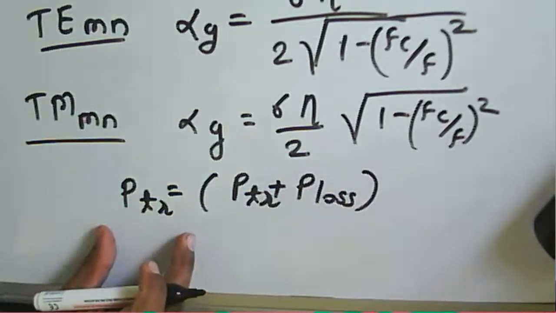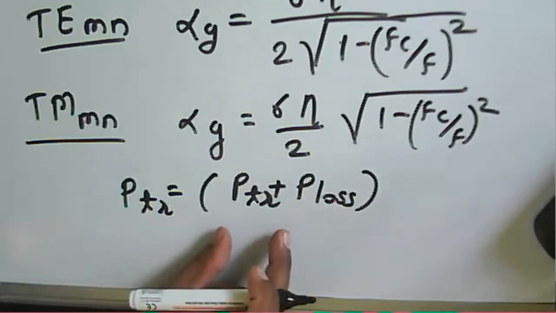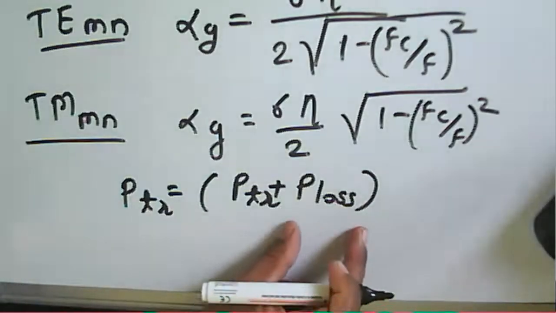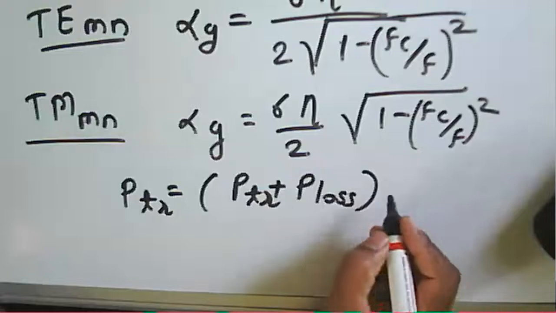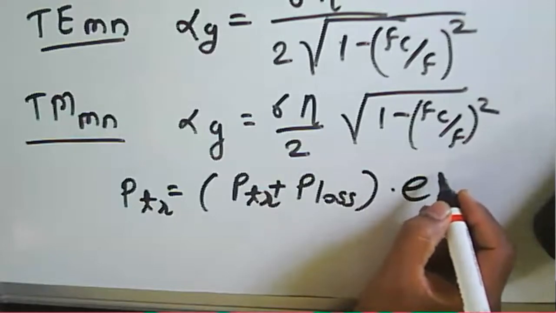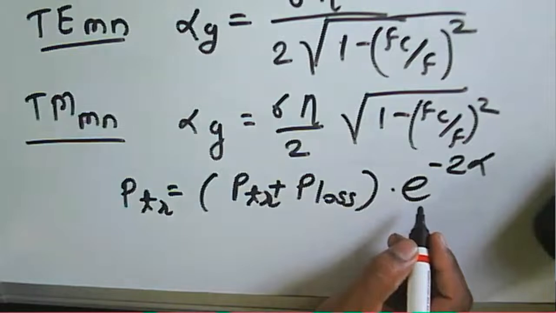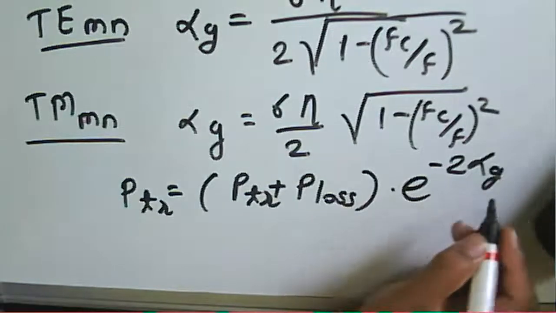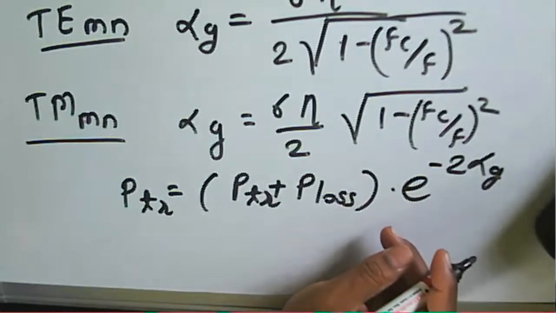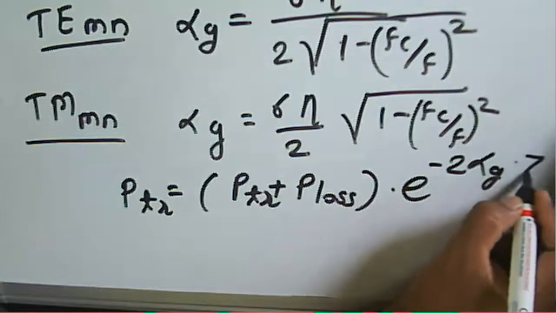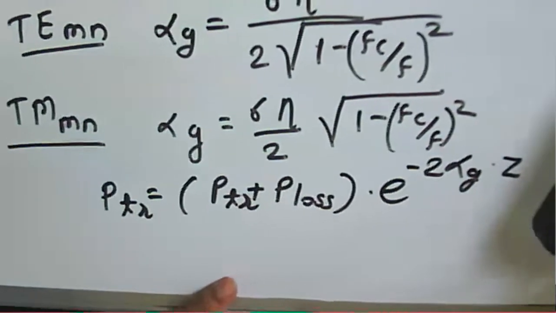Total actual input power is the actual power transmitted through the guide plus whatever the power loss. And it depends upon what will be the loss or attenuation. That's why alpha g, that is the attenuation when your wave is propagating in the z direction.